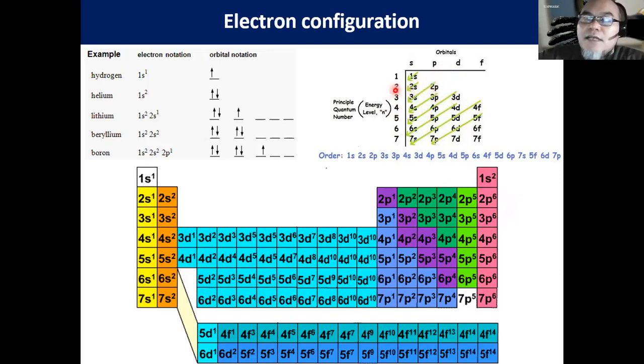Here the second shell can have a maximum of 2 subshells. So in neon the second subshell, the 2p, is also filled by 6 electrons. That's why we write it as 2p6. Then helium, neon, argon. The third row is argon.